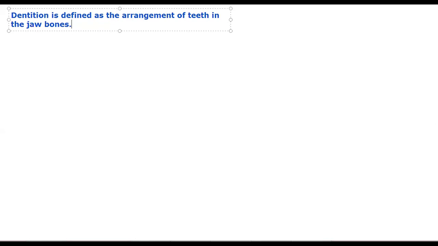Now, what types of dentition will you find in man?